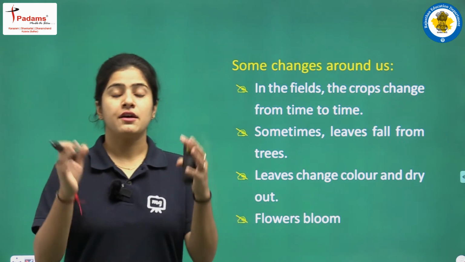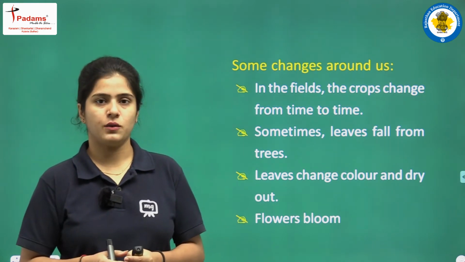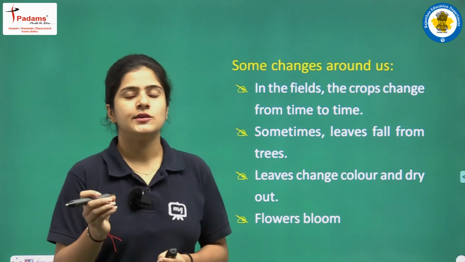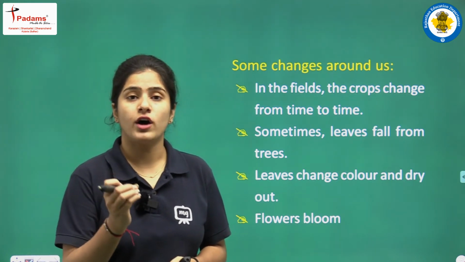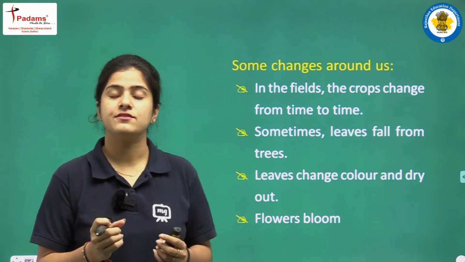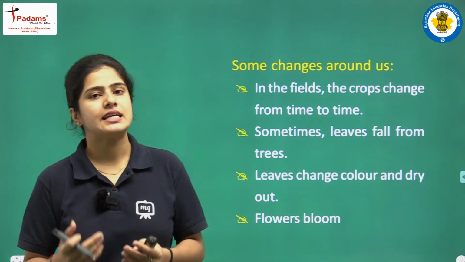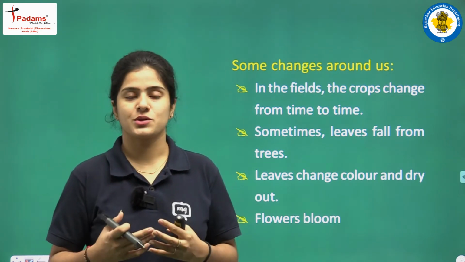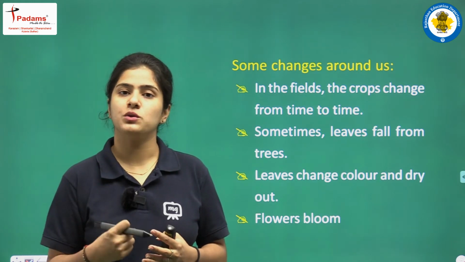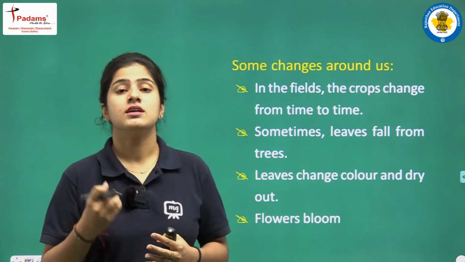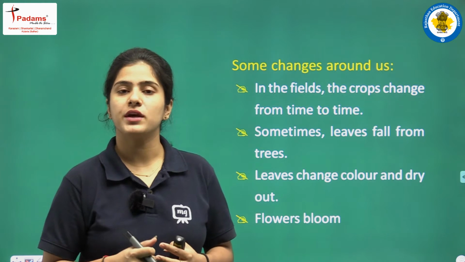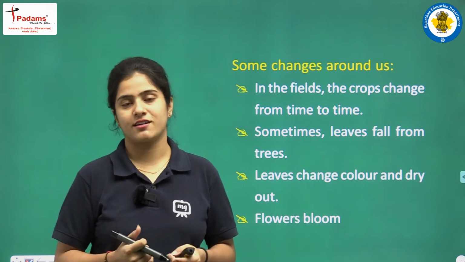For example, look at a tree. Observe its length, its leaf color, the falling of the leaves. From time to time you will see that the trees change. The leaves of the trees fall down, flowers blossom, the fruits ripen. So there are a lot of changes that occur around us.